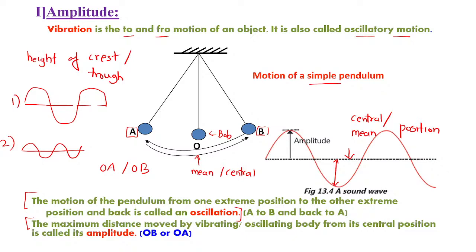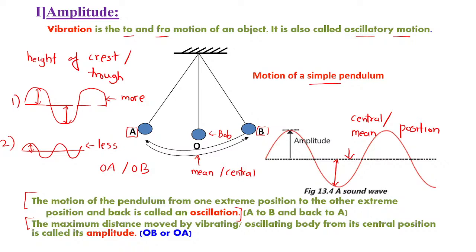Which diagram shows the bigger amplitude or the more distance? Definitely diagram 1, the height of a crest or height of a trough is more in case of 1. What about diagram 2? The height is less. So here the amplitude is more, and here the amplitude is less. I think this is clear to you all.